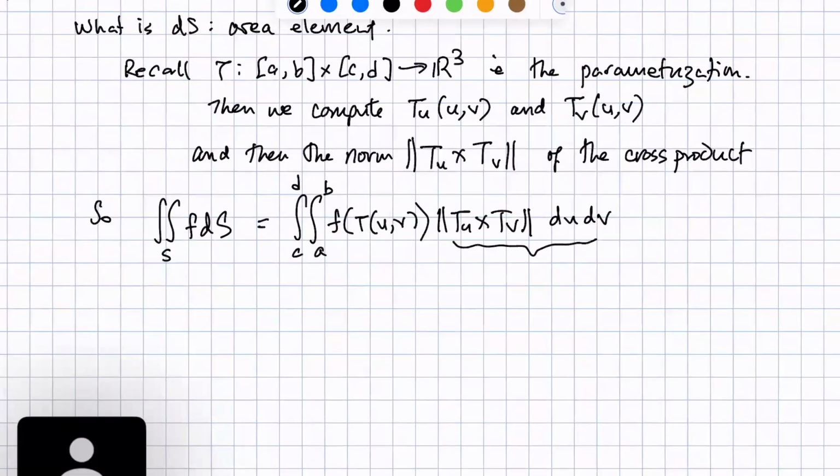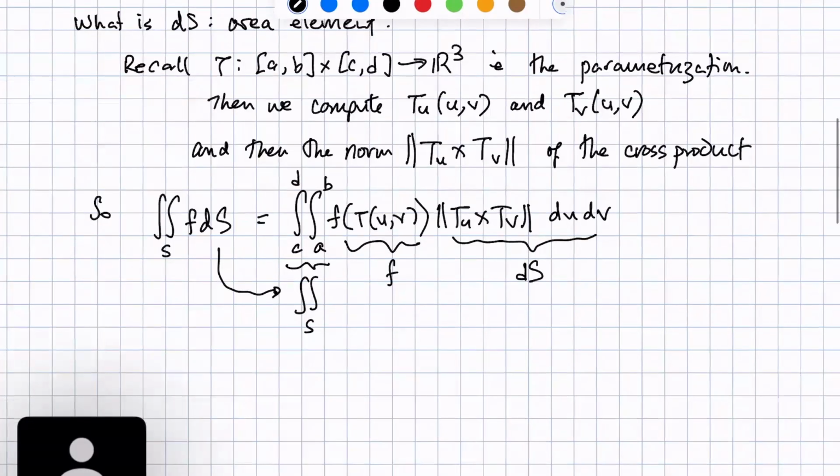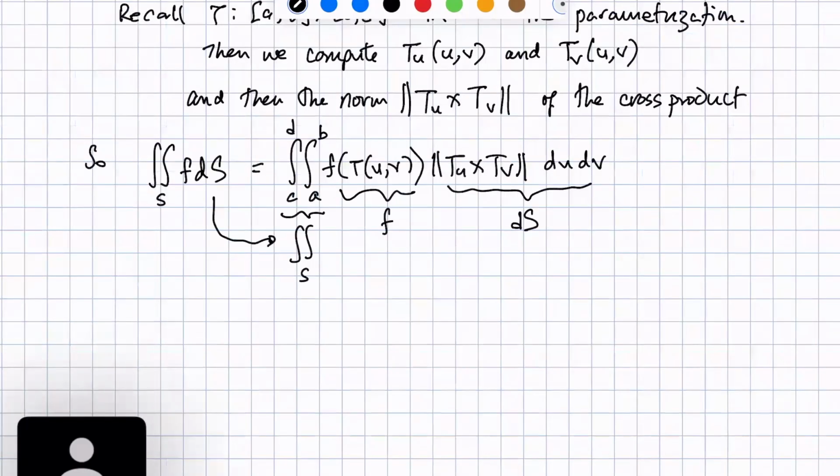So this object is dS, this is f, and you have the density here, the area element here, and the integrals right there.